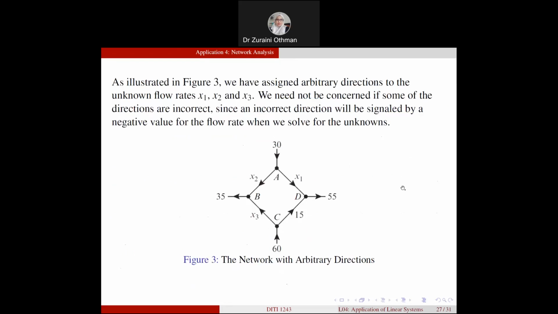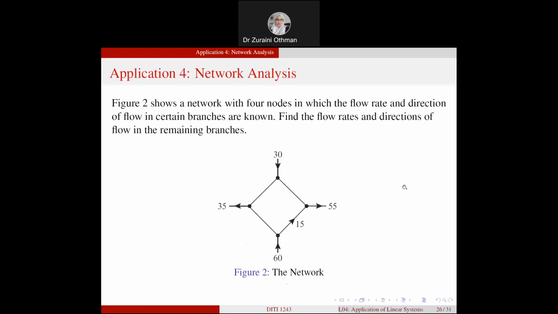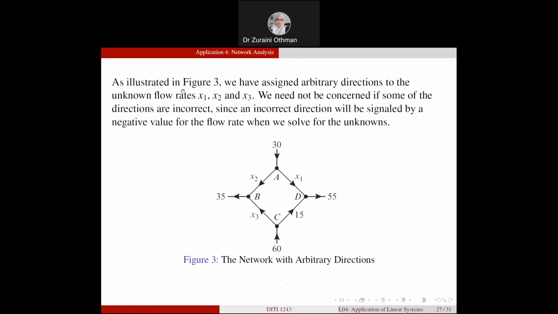Okay, dekat situ. Tapi dia bagi tahu dah kat sini remaining branch. Lepas tu dia kata yang ketiga dia dah assign dah remaining branch kat situ, X1, X2, X3 tu macam mana dia punya flow. Dan dekat situ we need not be concerned if some of the direction are incorrect, since an incorrect direction will be signaled by a negative value for the flow rate.